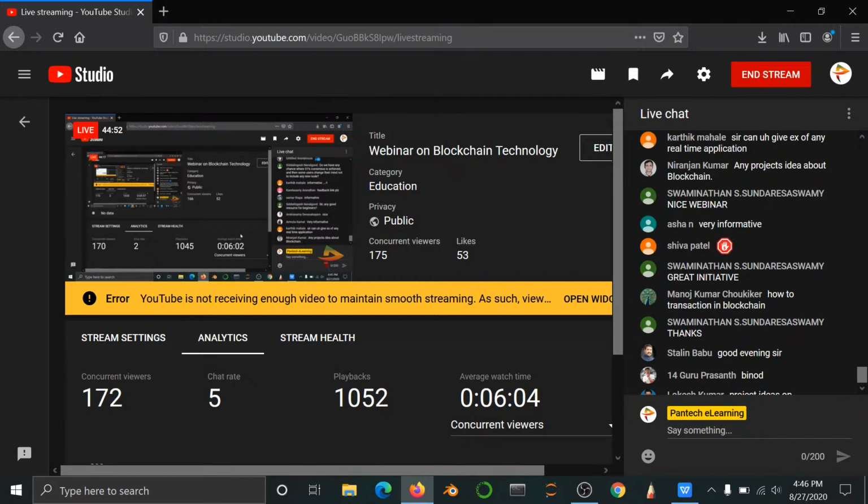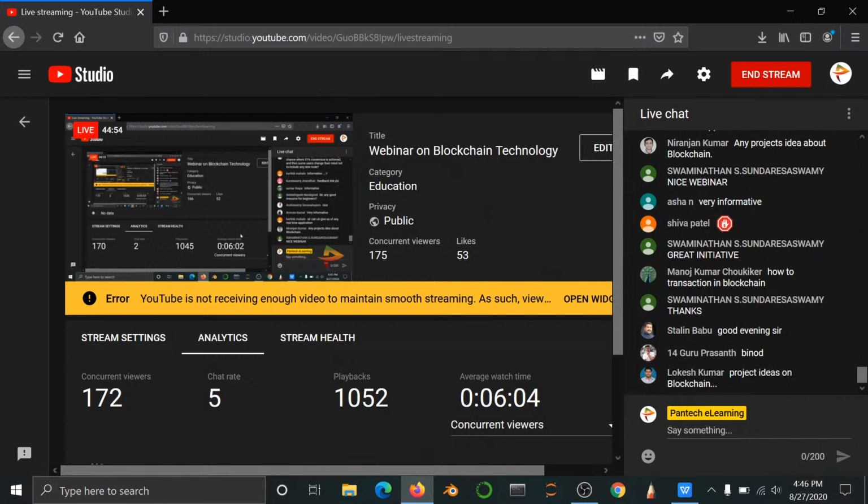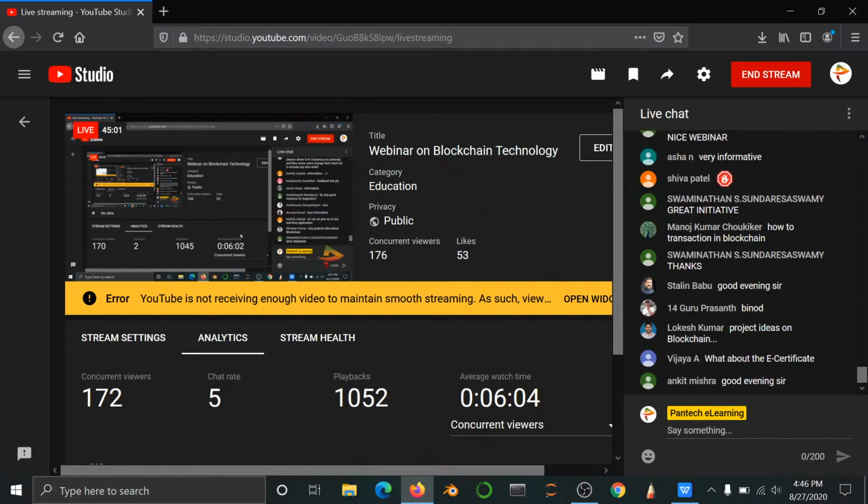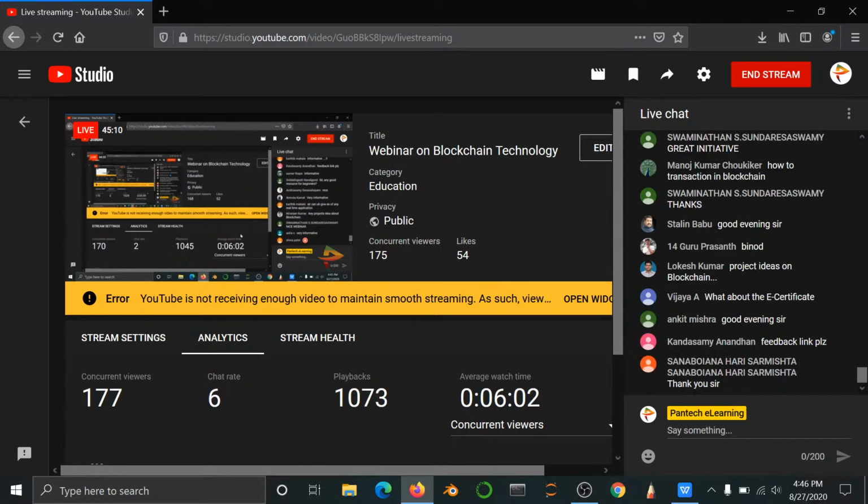Yeah, blockchain is implemented in real time now, but not that many sources are available on our websites. But one of the government banks in India has initiated blockchain technology.